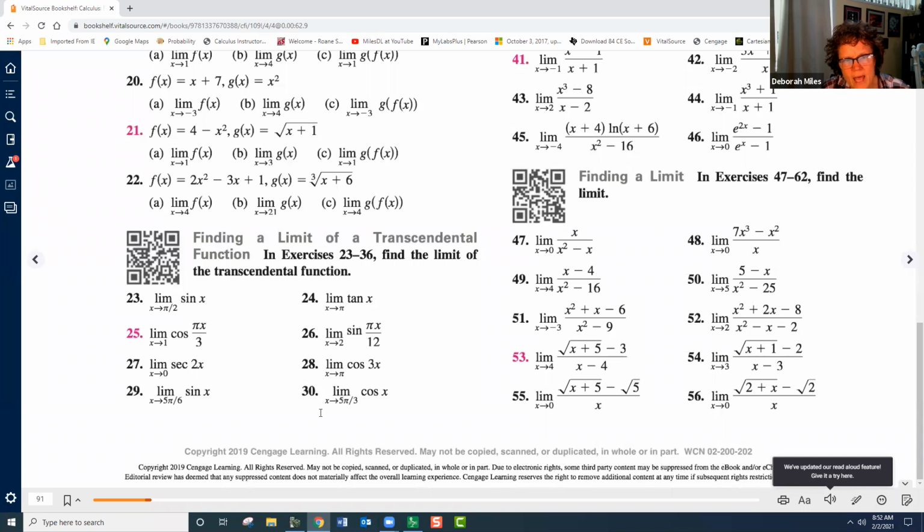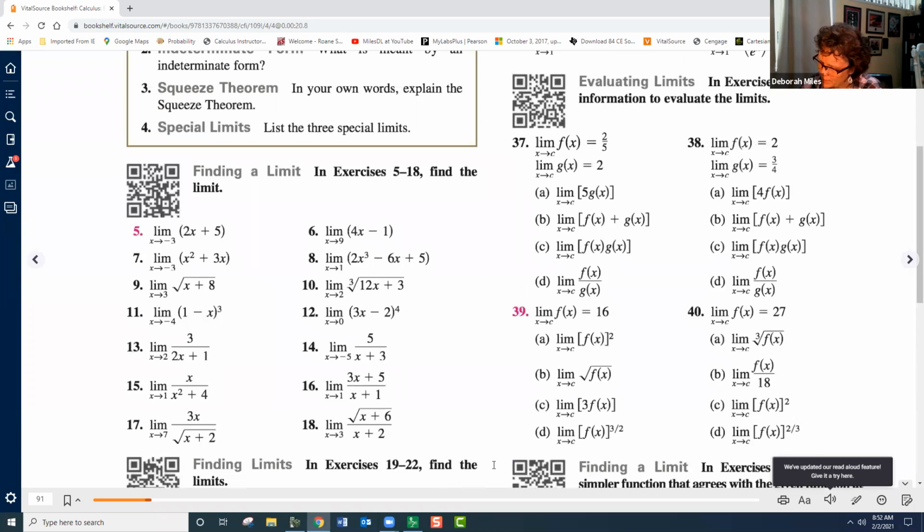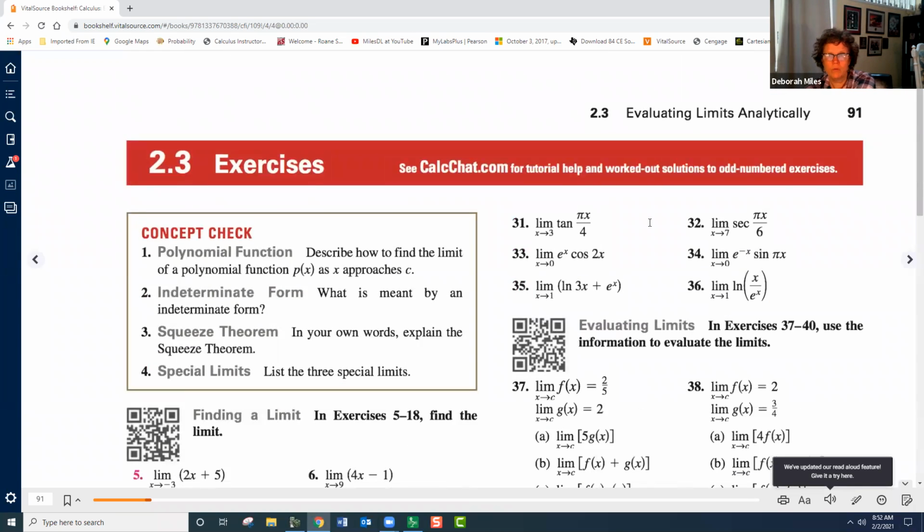And you can do that. And you can do that. So all the way up to number 29 can be done by direct substitution. And then, all of those can. Yay, we got to a good stopping point up until number 35.